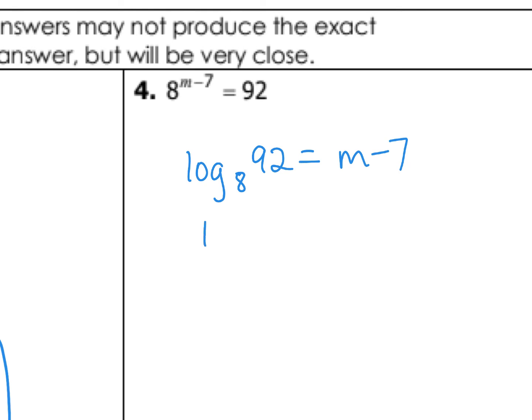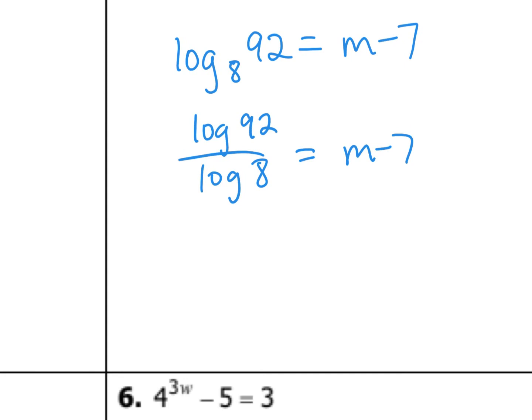Calculator on the left side, log 92 divided by log 8 equals m minus 7. Round it to 3. 2.175 equals m minus 7.